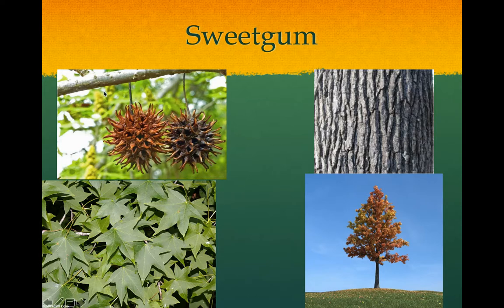When I was a kid, I walked around barefoot a lot. Most of the time, especially during the summer, I didn't have shoes on, and we had sweet gum trees. So if you happen to step on one of these with no shoes on, then you would understand why I have a love-hate relationship with the sweet gum tree. Easy to identify, but painful to step on.